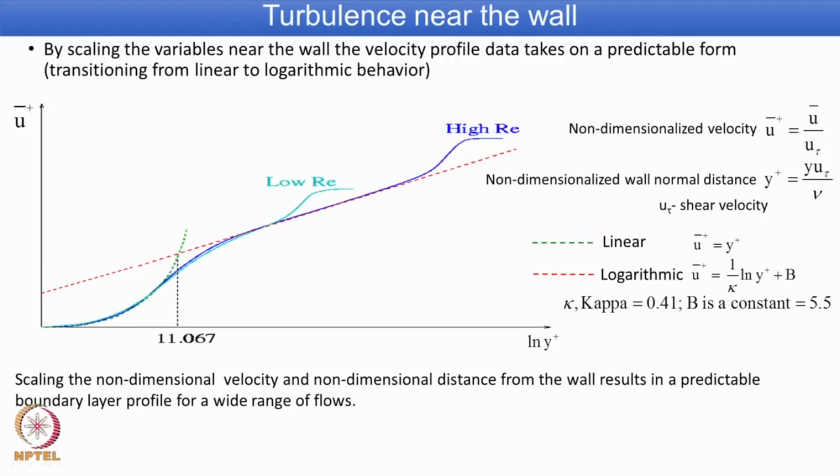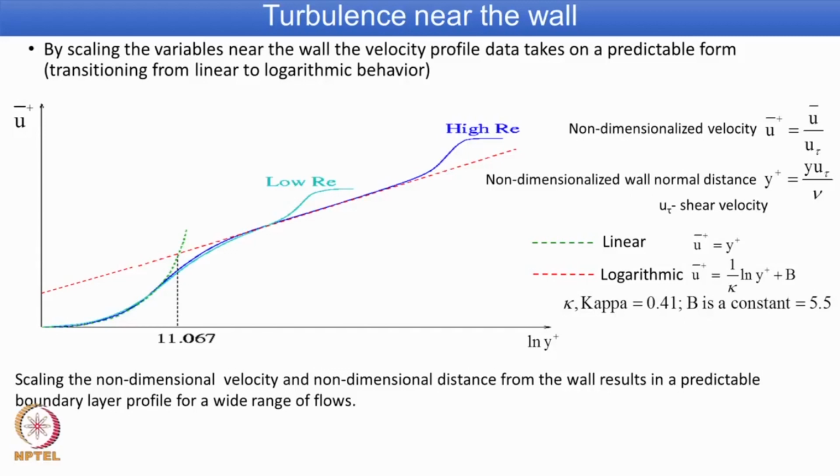Scaling the non-dimensional velocity and non-dimensional distance from the wall will result in a predictable boundary layer profile for a wide range of flows. Because we are using the respective u tau and nu, and we already learned it is possible to split the actual velocity profile into 3 zones: linear velocity profile or viscous sublayer region, buffer layer, and logarithmic layer, and there is a specific expression available for 2 zones.